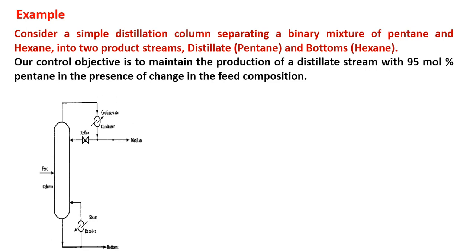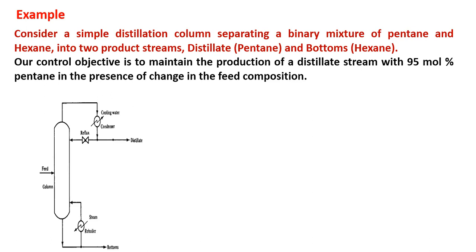The feed is a binary mixture of pentane and hexane, and we are dividing it into two streams: the distillate at the top and the bottoms at the lower part of the distillation column. The distillate has pentane, which is our desired product, and the bottom has hexane. So the objective of the distillation column is to produce a distillate of 95% pentane.